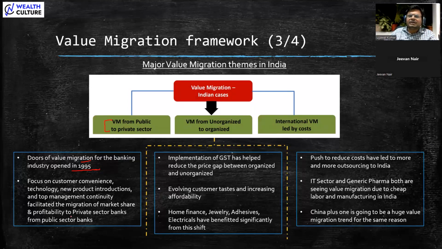And all of this migration has been because of customer convenience, right? We found private banks more responsive. Their technology was more up to date. They could do online banking, mobile banking, from home, and there was management which was quite committed, and it continued.